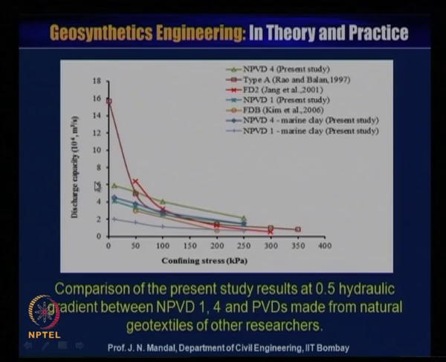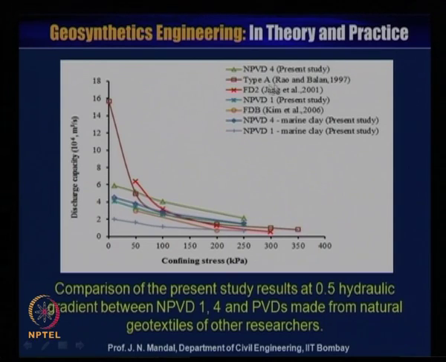Here is the comparison of the present study result at a 0.5 hydraulic gradient between natural prefabricated vertical drain 1 and 4 and prefabricated vertical drains made from natural geotextile by other researchers.